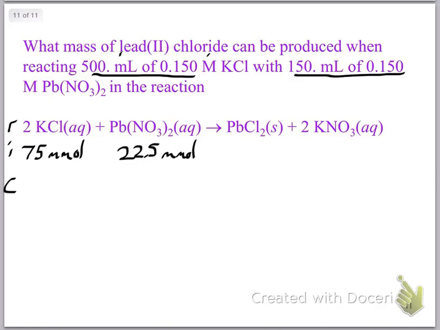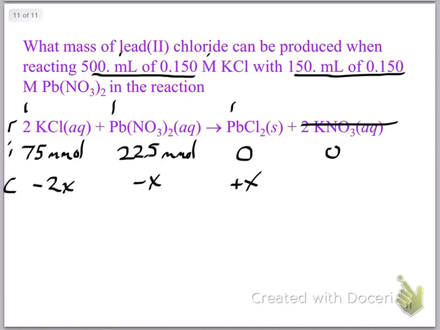And our Rice, this is our reaction, this is our initial, this is our change. So initially, we assume that the reaction has not yet started, so we've got 0 of either of these products, and one of the products we don't care about. We're asked to see how much lead(II) chloride can be produced. So we look at the stoichiometry and we see we're going to be minus 2x here, minus x here, because it is a 2 to 1 ratio, plus x here.